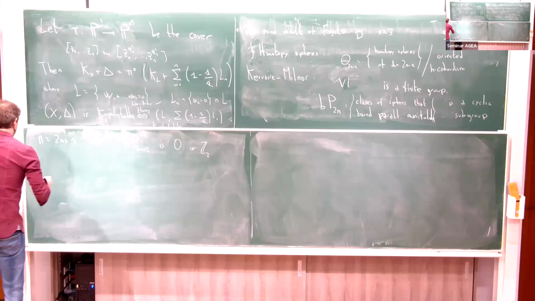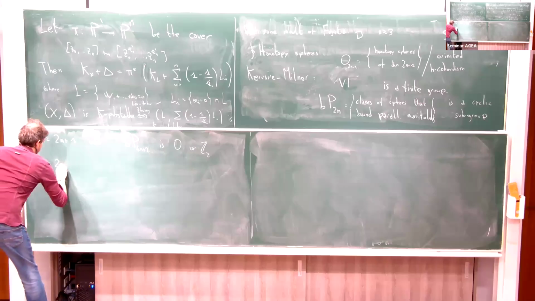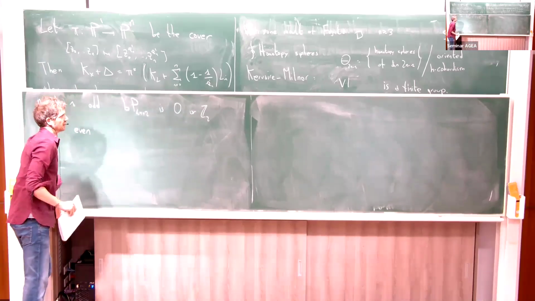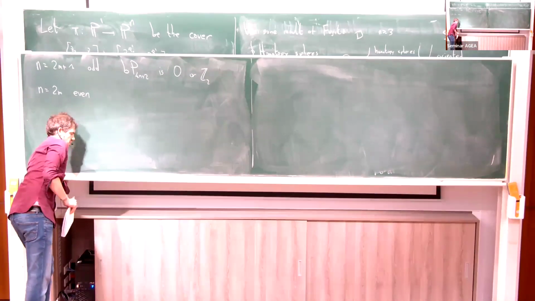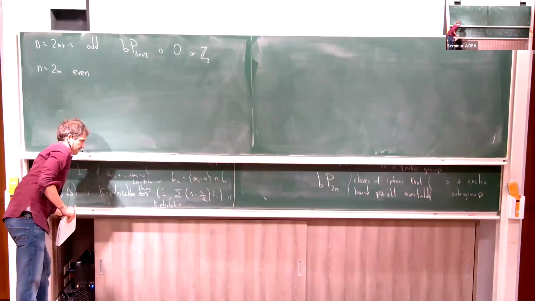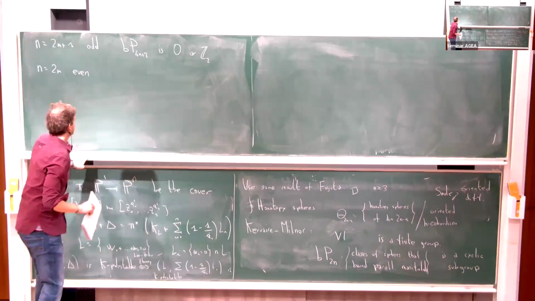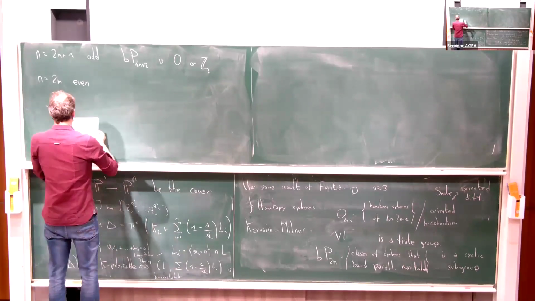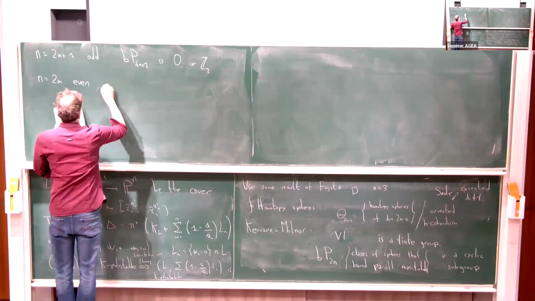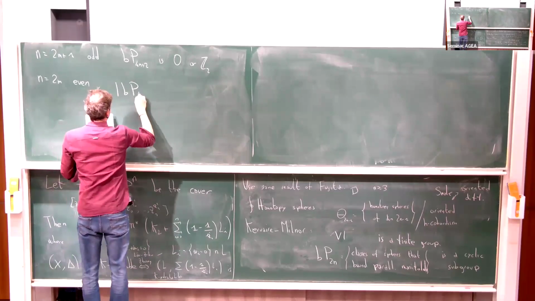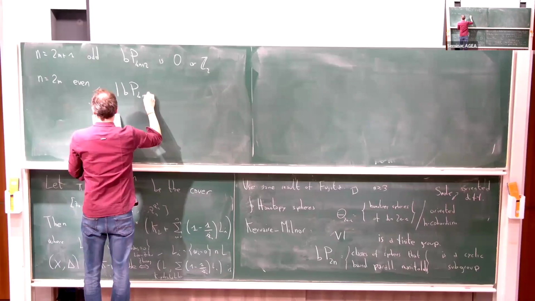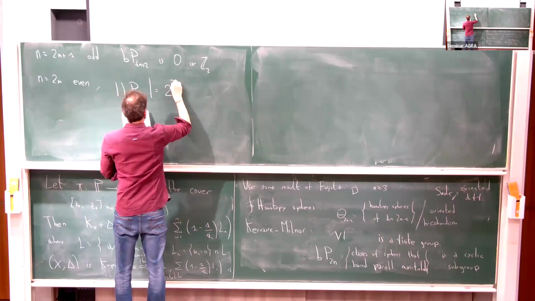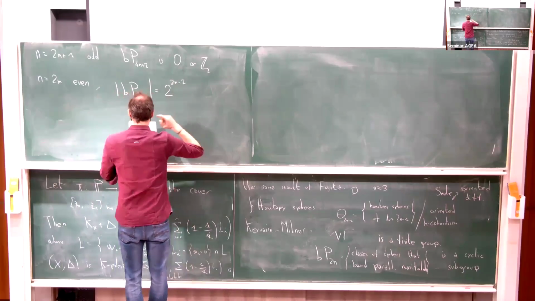And if n is even, you get a lot of exotic spheres. If n is even, then the order of this group, for n equal to 2m, is 2 to the 2m minus 2.